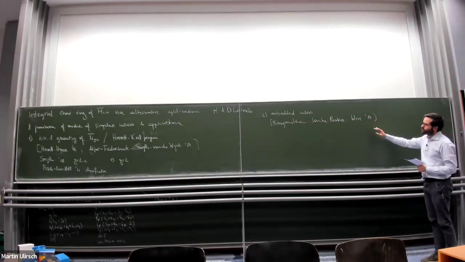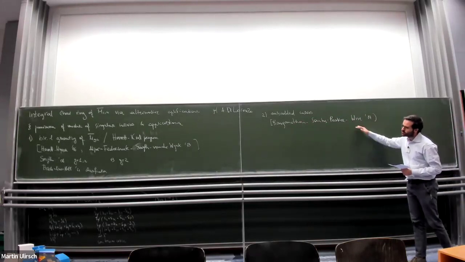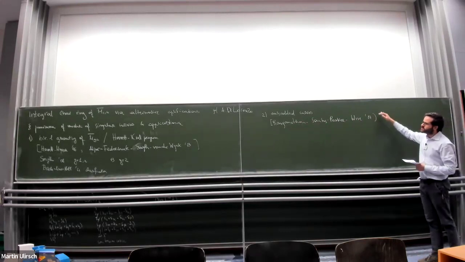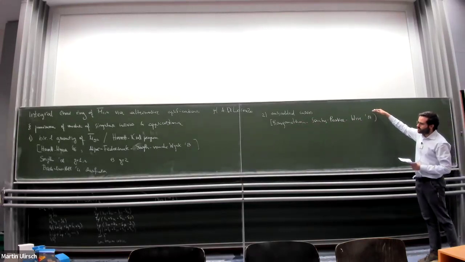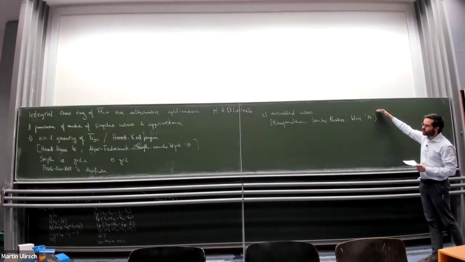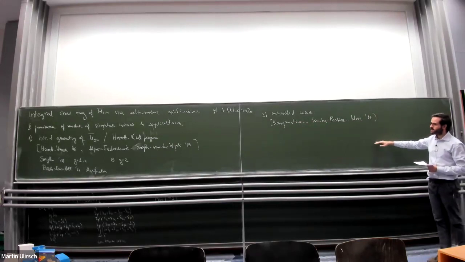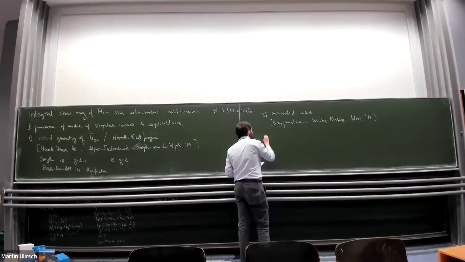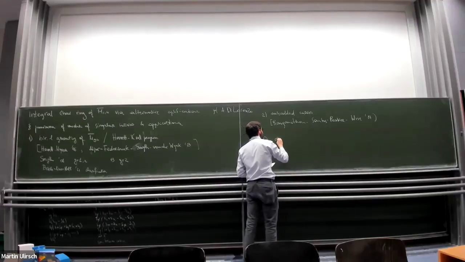Very briefly, the next sort of application that I want to mention is if you consider moduli spaces of embedded curves, so in the form of stable maps, for example. And the third application I want to mention is moduli spaces of differentials.